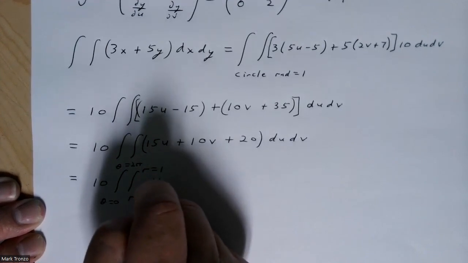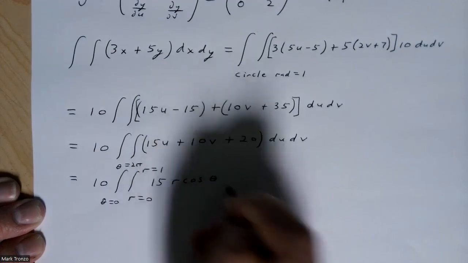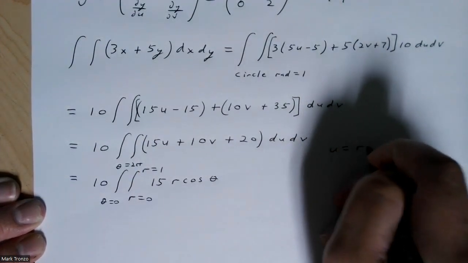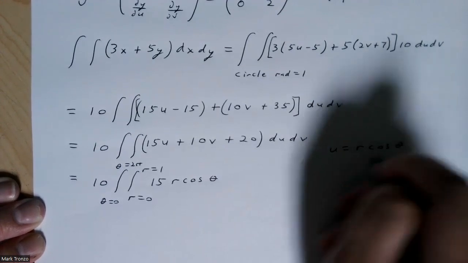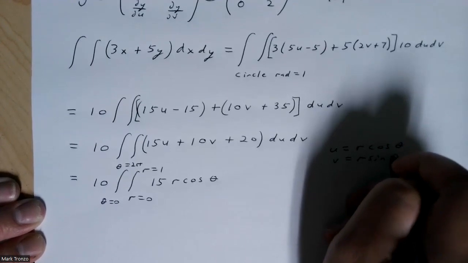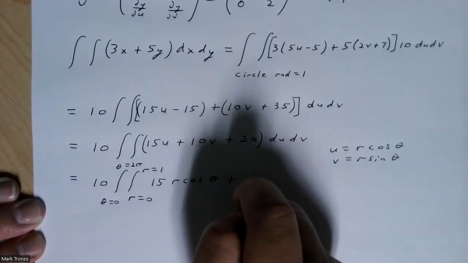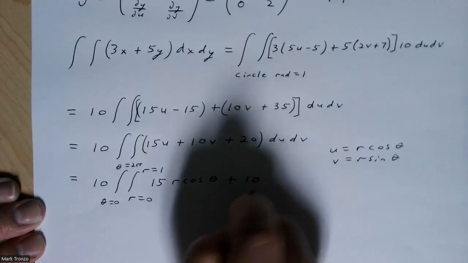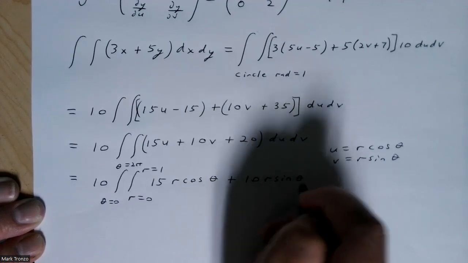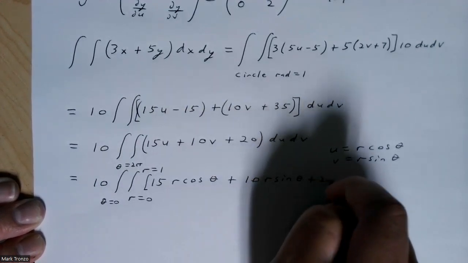And we're changing to polar. That's going to be r cos theta. Again, let's say we call u r cos theta and v r sine theta. So we're putting in here plus 10 r sine theta plus 20.